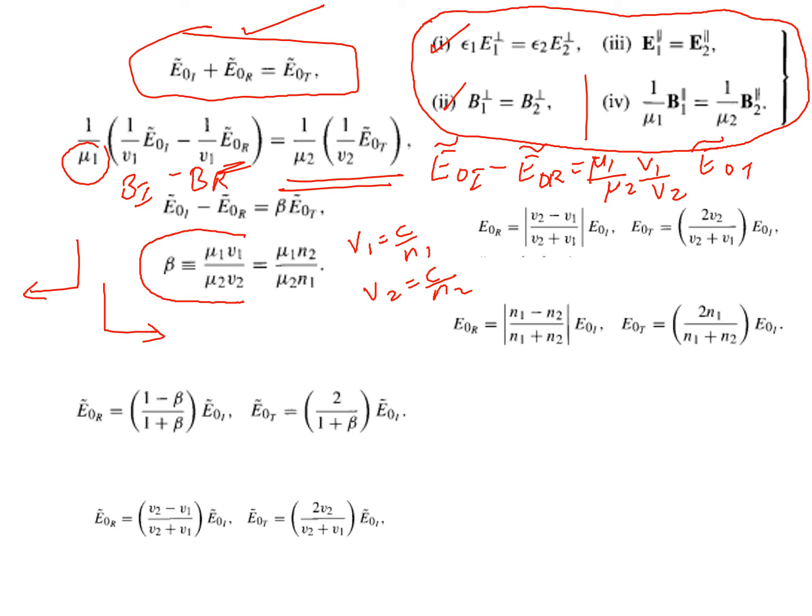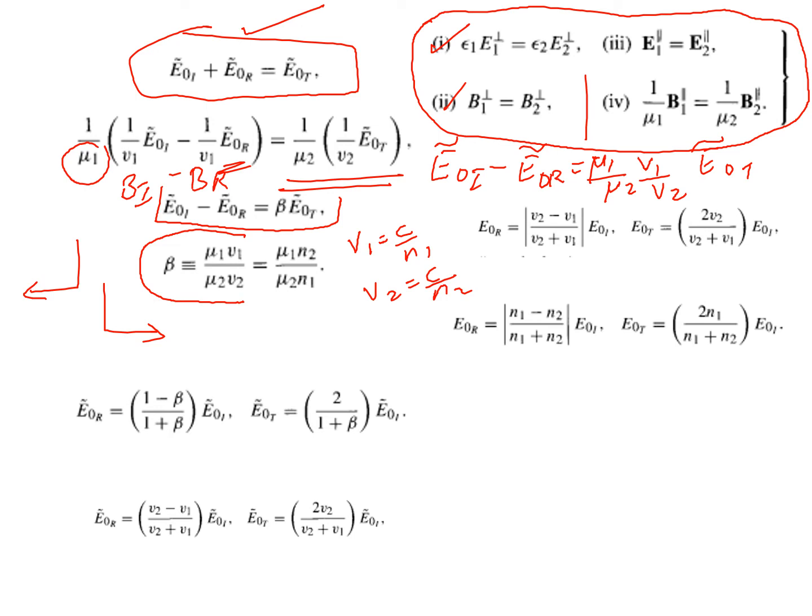So when you substitute for V1 and V2, you get N2 by N1. So beta is equal to mu1 V1 by mu2 V2, or it is also equal to mu1 N2 divided by mu2 N1. Okay. So we simplified the expression for continuity of the electric field to this boxed expression.